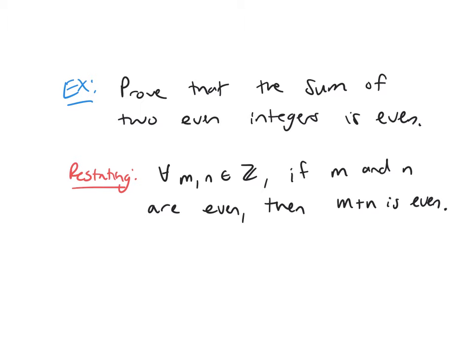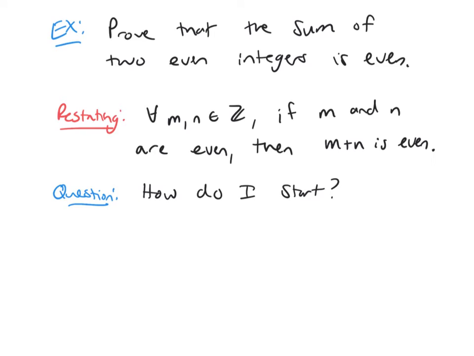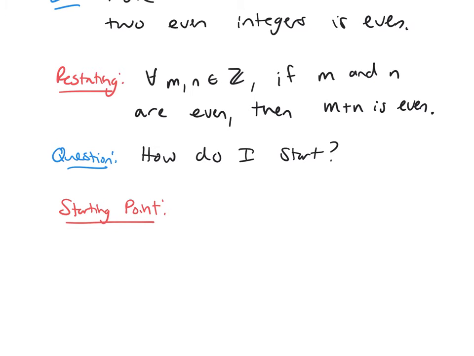So I'm going to ask a question now, always with these proofs. How do I start? So what we want to identify is the starting point of the proof. So if you remember, the method of direct proof tells us how to start. That's step 2.